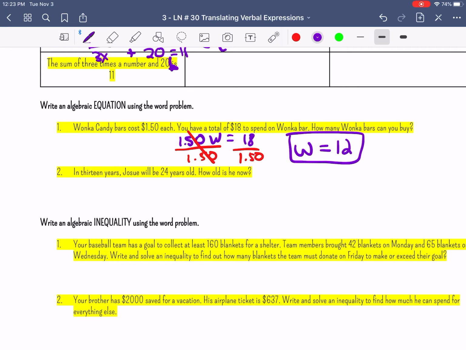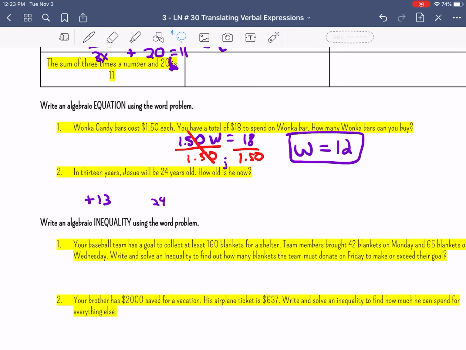So number 2 you're going to do on your own, but I'm going to help you set it up. So in 13 years from now, Josue will be 24 years old. So we don't know how old Josue is now. How old is he now? So in 13 years in the future, so we're moving forward into the future, he's going to be 24.